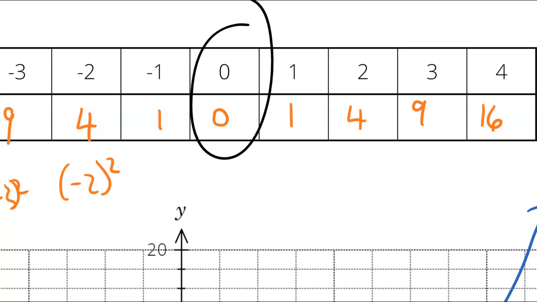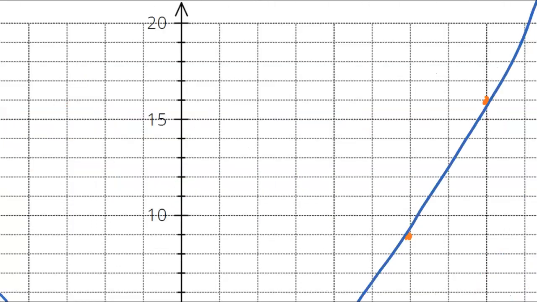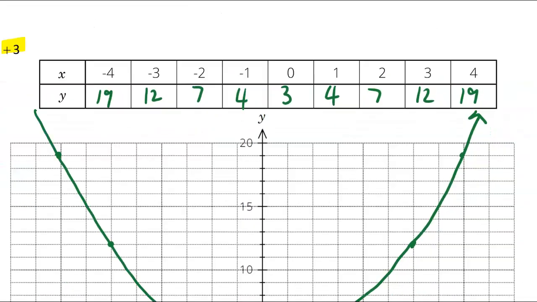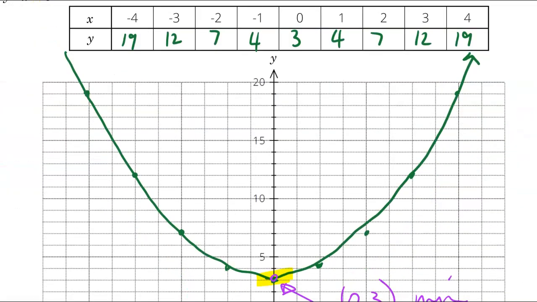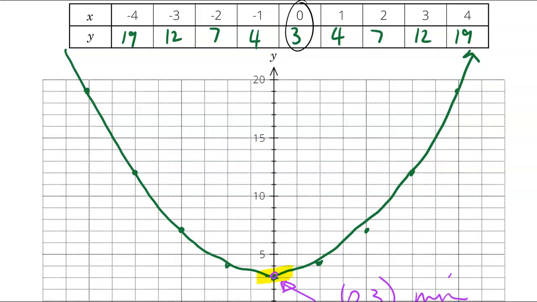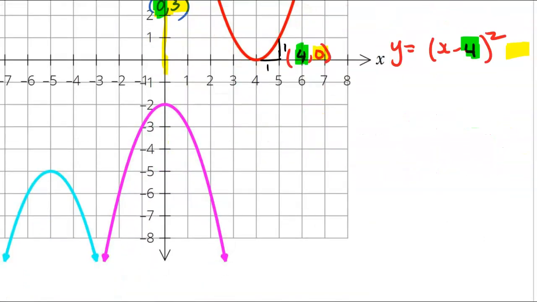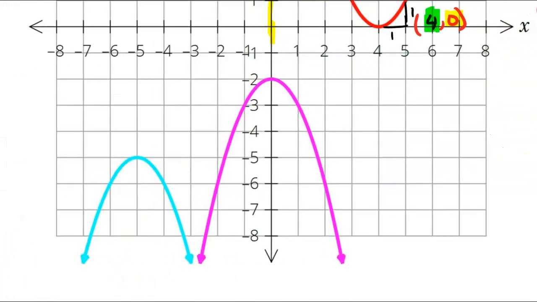So in this one, there's your turning point, and over here, the next turning point is here. If I go across 1 and up 1, now remember this scale's different, then I know that it has an A value equal to 1. Anyway, that's just a little to the side to check if A is 1.